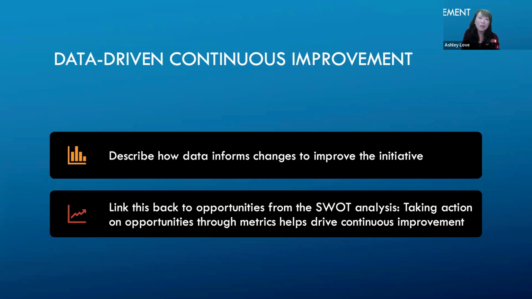So you started in point A, now you're going to go to point B. So this is where you're linking your SWOT analysis and taking action on the opportunity through the metrics that you're going to do a deep dive on for that analysis to figure out. Some folks are going to pick some metrics that are not measured over time, and that's going to be a key factor.